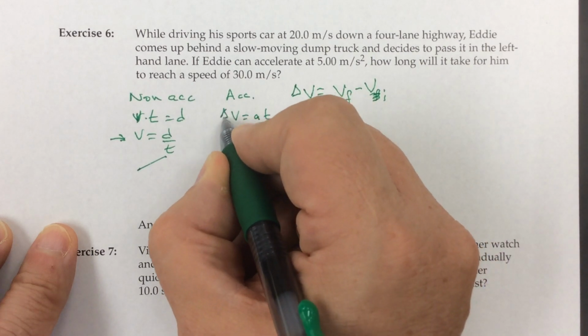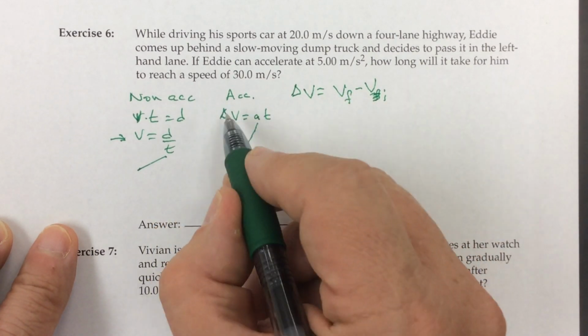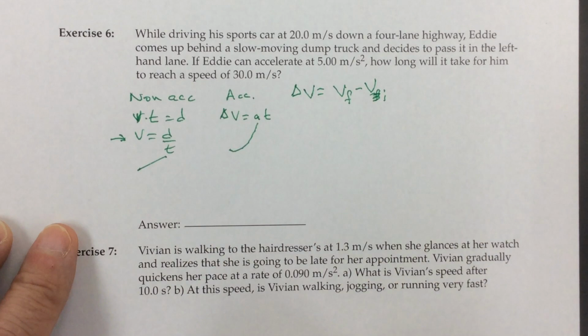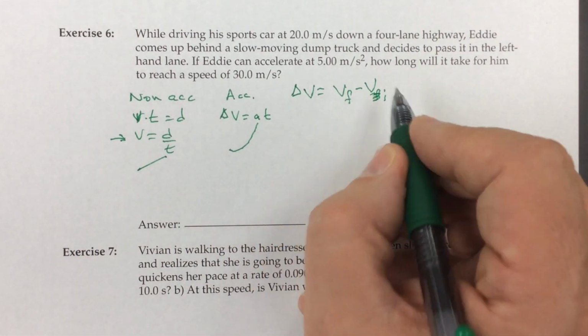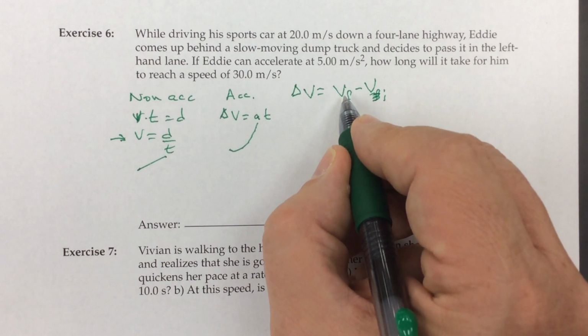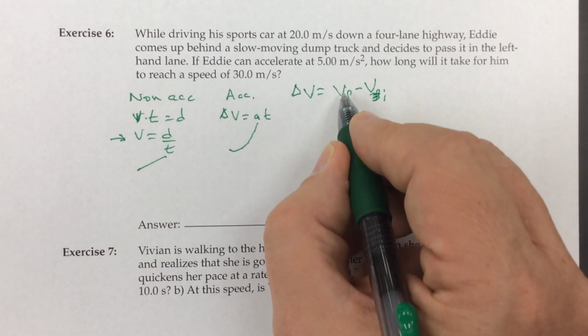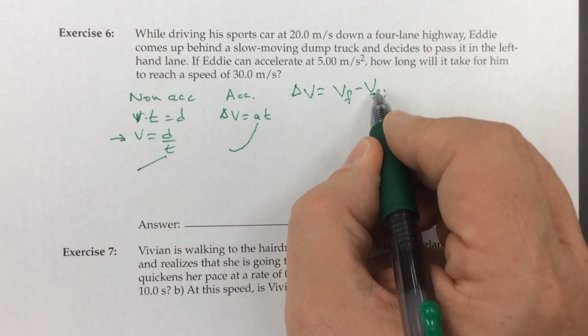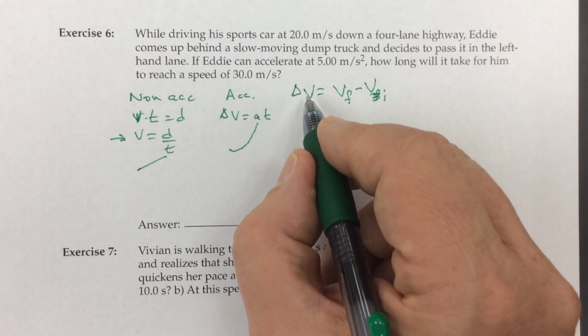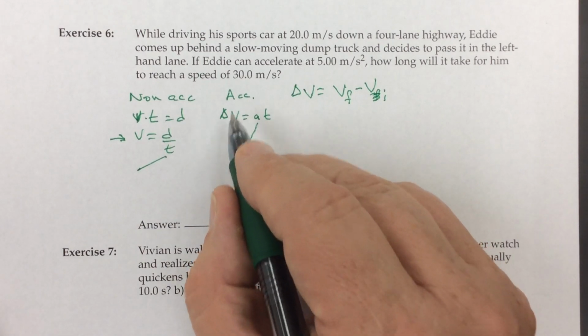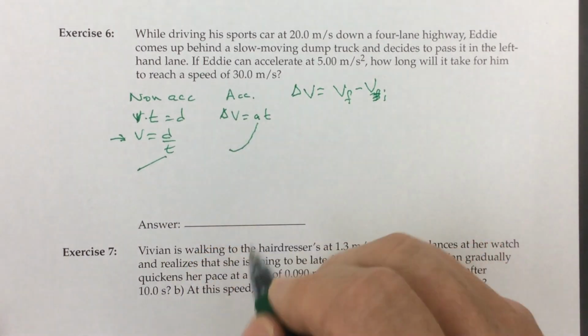We could say the change in velocity is going to be equal to the acceleration times the time. So let's say I go up from 50 to 60. What's my change in velocity? Well, I go from my final minus my initial, so 60 minus 50 is 10, so my change in velocity is 10. All right, that's how you would find it. So that would be equal to the acceleration times the time.